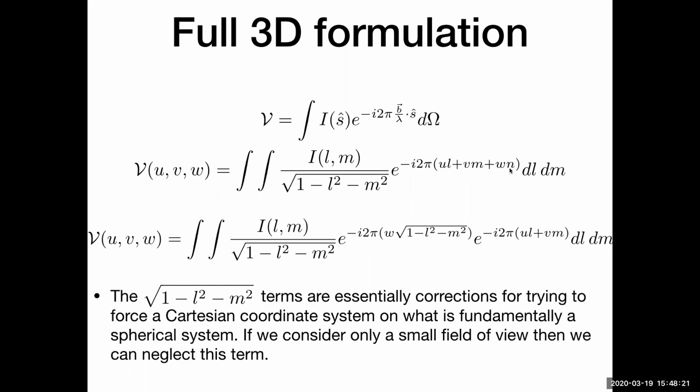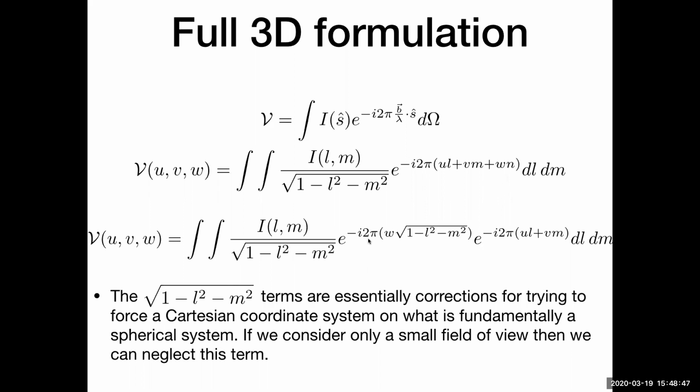We pull out this w n. Because S is a unit vector, it has to have length 1. So if L and M are our variables, then n has to be this in order to be a unit vector. So we're going to pull this w n term out front.